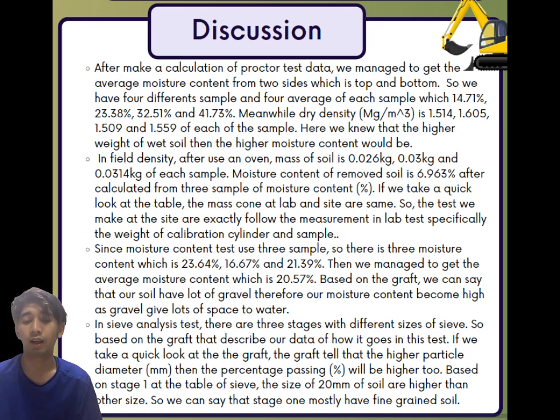Based on our data, the soil classification that we have got is well graded very sandy gravel, because the percentage of gravel is the highest. The second highest is sand, and the lowest percentage is silt.